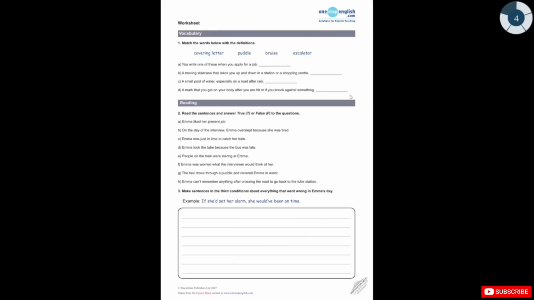Here we had some pre-teaching. We're going to teach a little bit of vocabulary in advance. And then we decided that this would be our practice section. So the students will read through some true or false statements, and then they turn those sentences into the target grammar, so into the third conditional. So this is our practice. And then the speaking section, this is going to be our production.